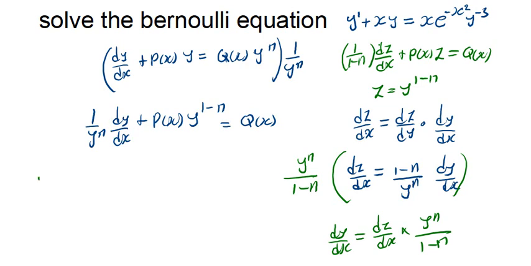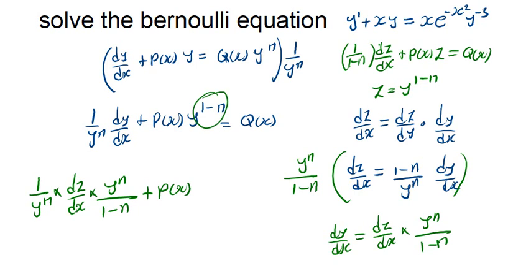So we're going to say 1 over y to the power n multiplied by, what is our dy dx? We have found that it is dz dx multiplied by y to the n divided by 1 minus n. Okay, so I've substituted here where I have dy dx, and that would be plus p of x.